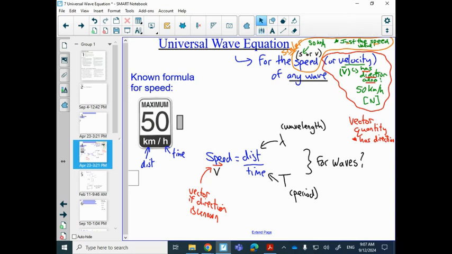It's the period of the vibration. So the wavelength of the wave and the period of the vibration. Yeah, that's probably enough.